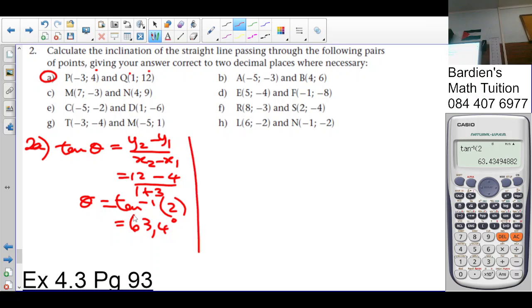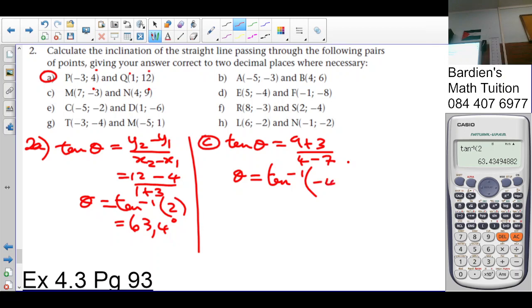Let's look at C. The tan of theta is again equal to the gradient. So it's going to be 9 minus minus 3 over 4 minus 7. So theta is equal to arctan of 12 over negative 3, which is negative 4. Is that correct?